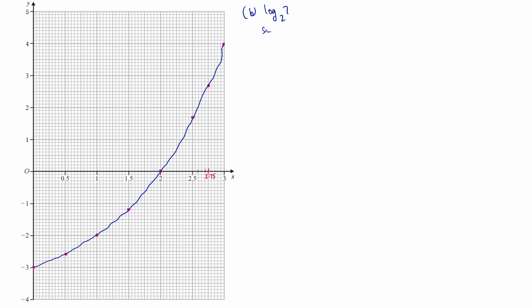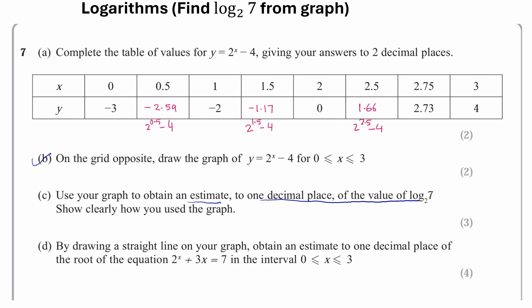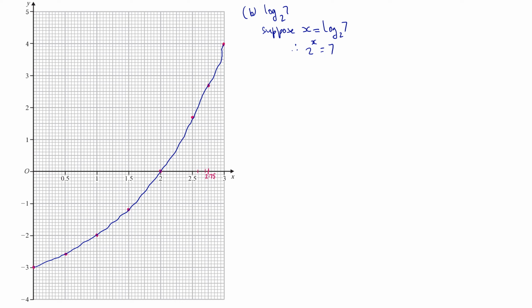So suppose x is log to the base 2 of 7. Therefore 2 to the power x is equal to 7. And we have 2 to the power x in the given equation, y is 2 to the power x minus 4.